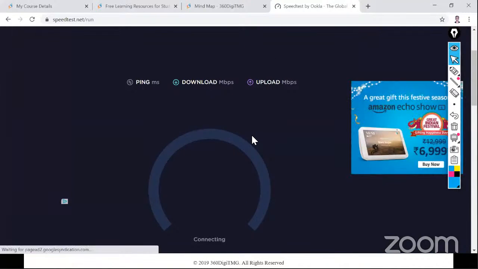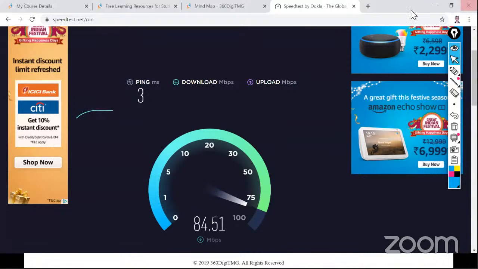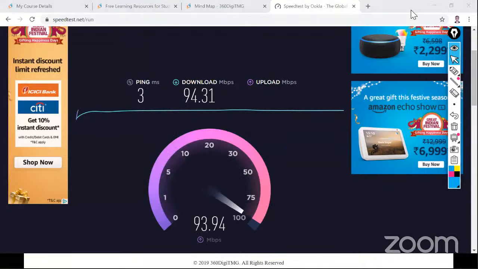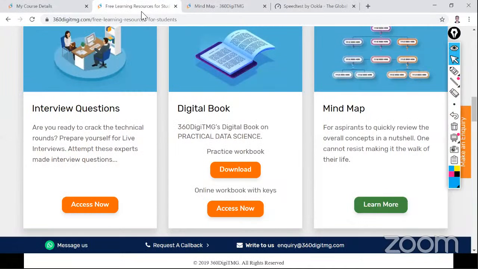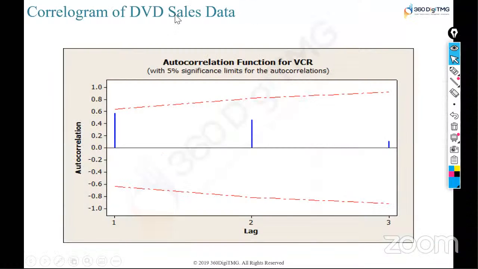My connection speed is pretty good, even for Hyderabad standards, but I don't know what happened. Let me also check the upload. Upload also is pretty good. Anyway, something happened. Let us ignore that. Let me start the recording again.